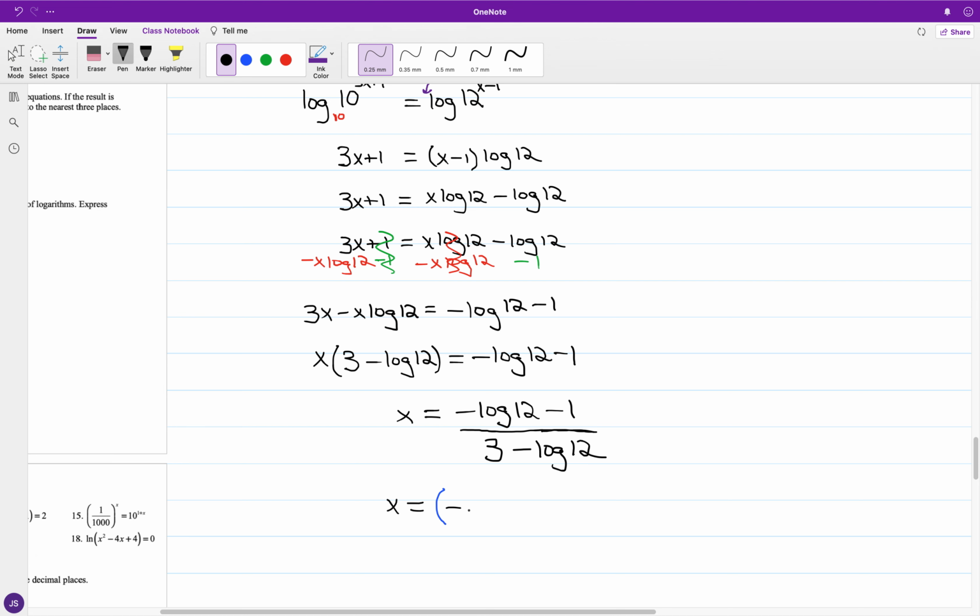So I have the negative of the base 10 logarithm of 12 minus 1. We can close out this set of terms, and we have divided by the quantity of 3 minus the base 10 logarithm of 12.